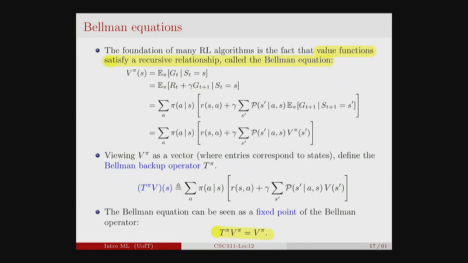And what this operator is going to do, so T pi of V of S is going to apply the Bellman equation to the current evaluation of the value function that you have. And so the Bellman equation can therefore be seen as this fixed point of the Bellman operator.